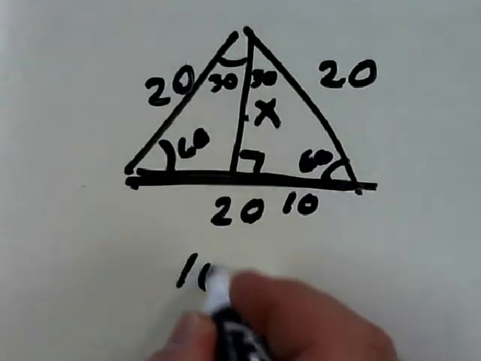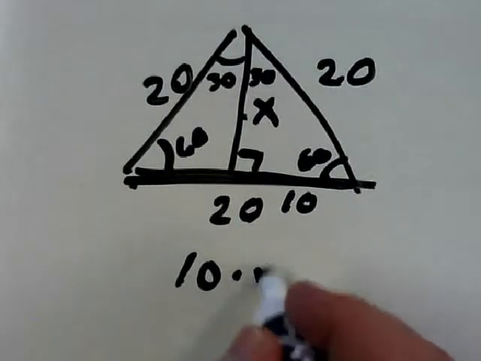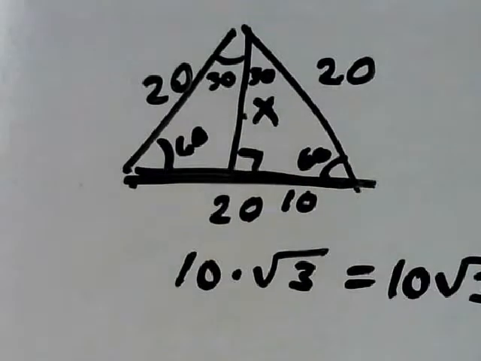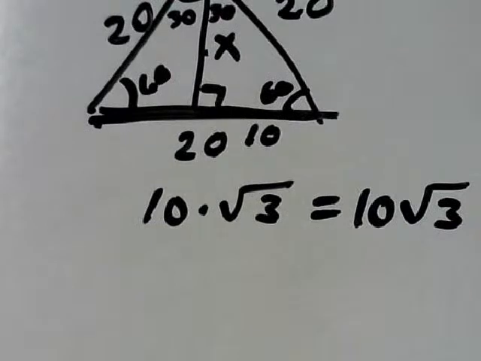So if it was 10, then I multiply by the square root of 3, which gives me 10 times the square root of 3. Does that make sense? Or not? You don't like doing it that way? I don't know, it's just kind of confusing.